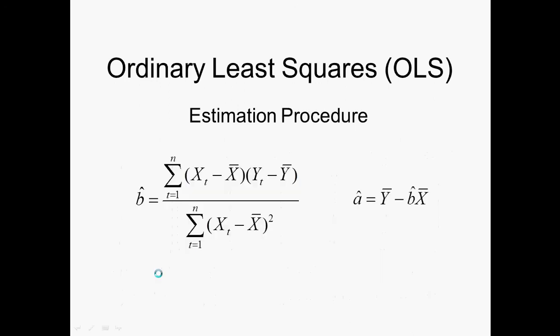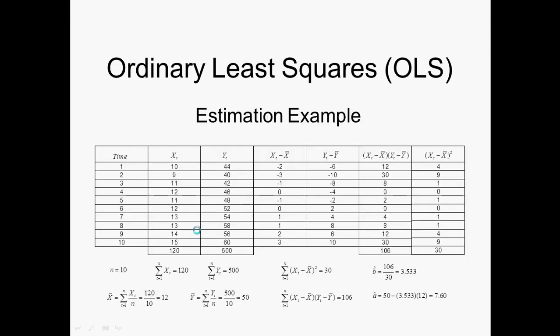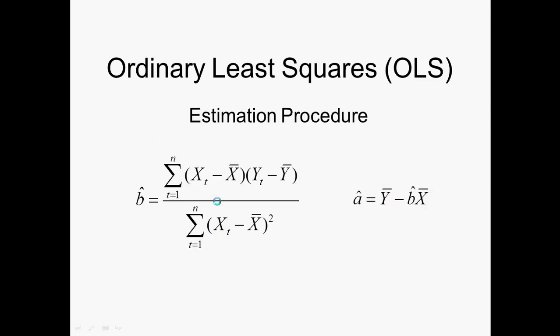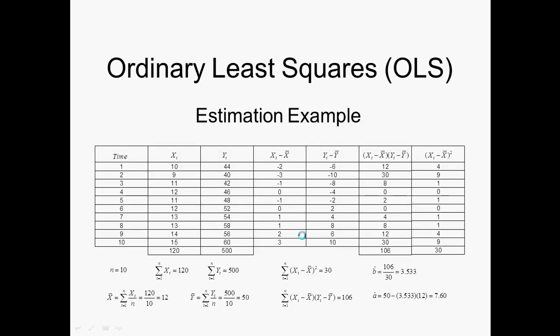The sum of the xt's is actually not. Nowhere in here does the sum of xt appear, or yt for that matter. But x bar appears and y bar appears, so we just sum up all the x's and then divide by n, the number of x's, and that gives you x bar. This gives you y bar calculated by the same means.